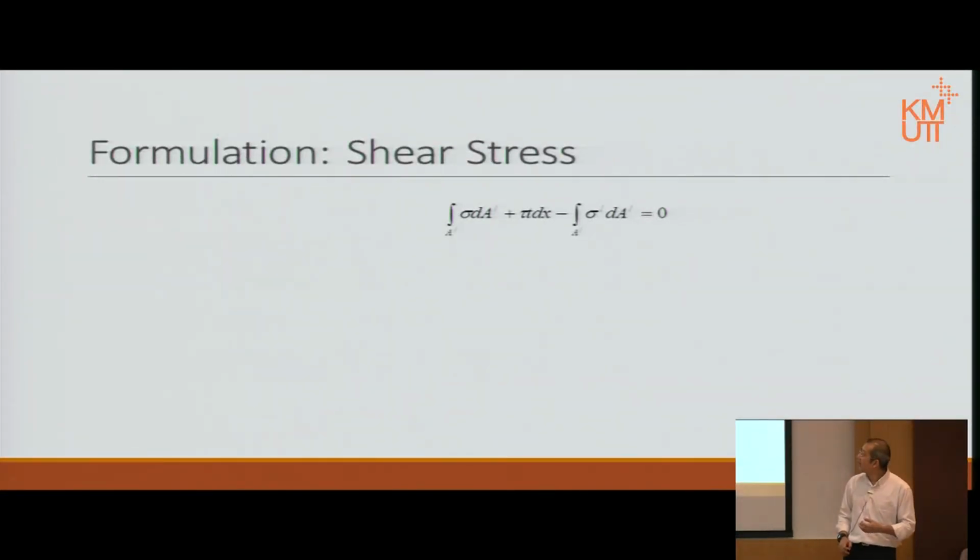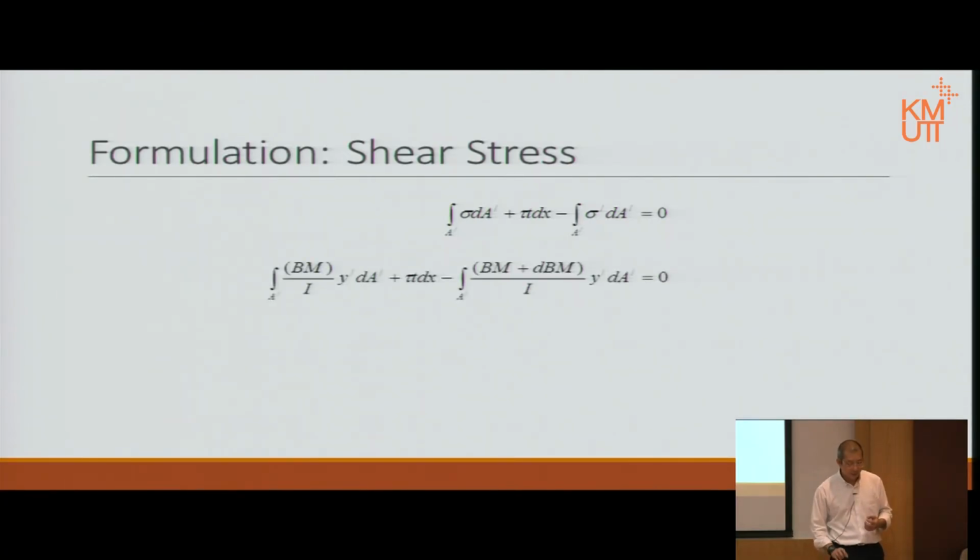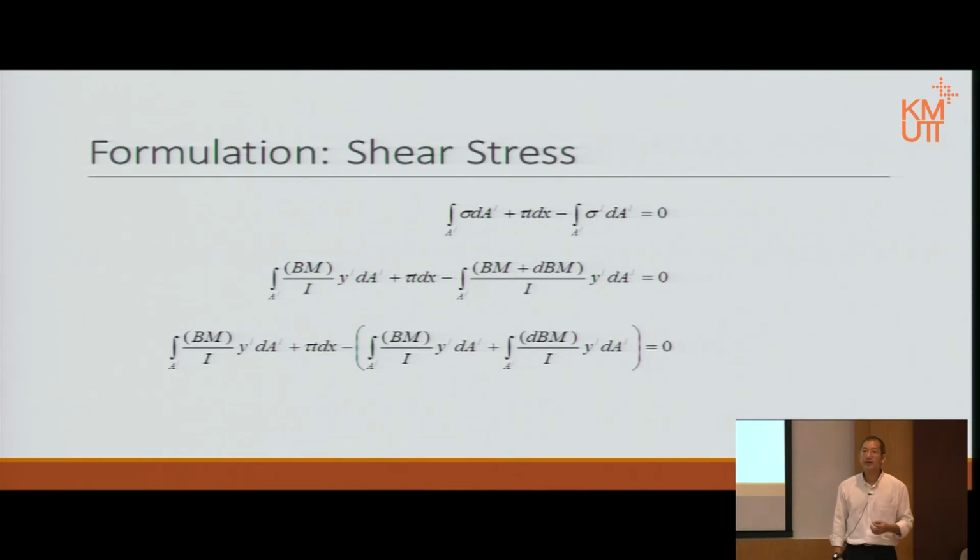Now we know the expression for sigma and sigma prime, so we can substitute into that expression. In the middle, tau t dx, there is no need for change. This is normal substitution. Now this term here, notice that we can combine by plus, therefore we can separate into two integrations like that.